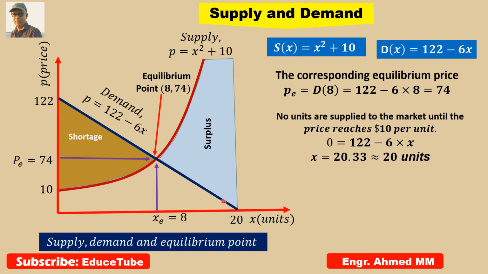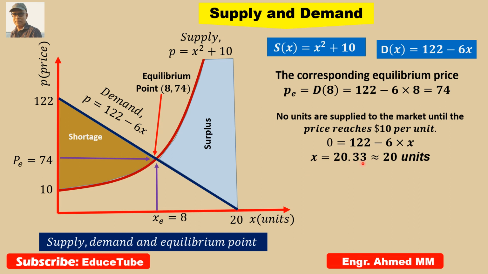So for this demand function, if I use this price 0, I mean the same equation, here I put 0 for the price, and here I am trying to find x. So we need to find the value for x.